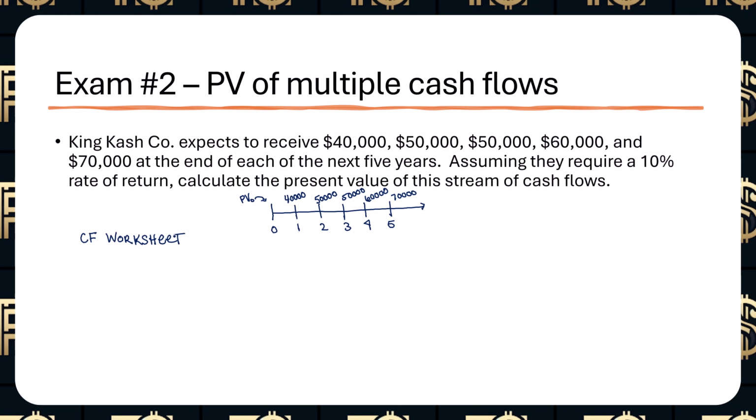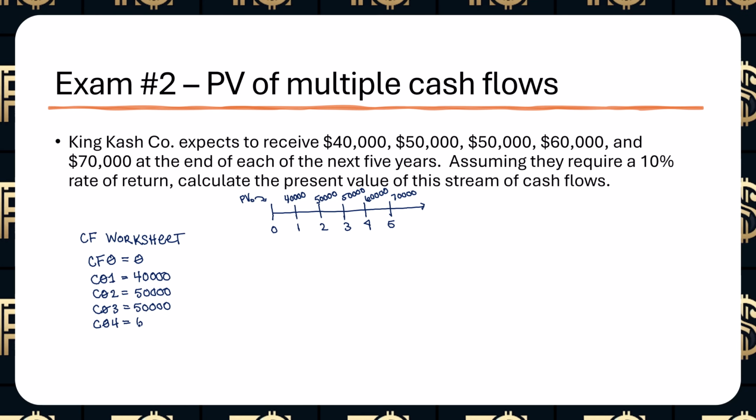Let's set it up. In our cash flow worksheet, our time 0 cash flow, or CF0, will be 0. Our C01 is 40,000. Our C02 is 50,000. Our C03 is also 50,000. And we'll just leave the frequency on all of these as 1. That just makes things easier.